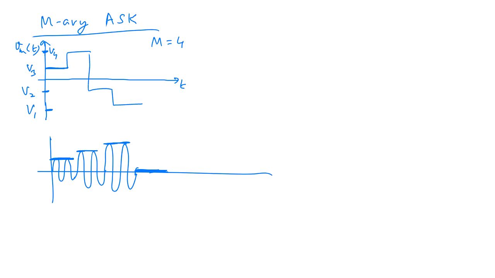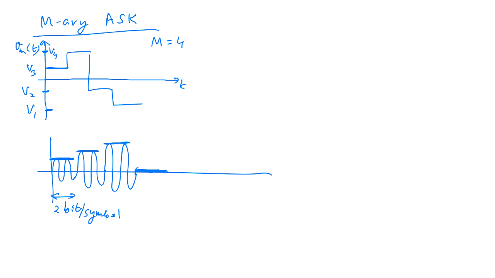But now what you notice is in one symbol duration there are 2 bits. So that's 2 bits per symbol. Okay, and we are able to do that because we have now mapped 2 bits for each voltage level, and therefore we now require 4 voltage levels.